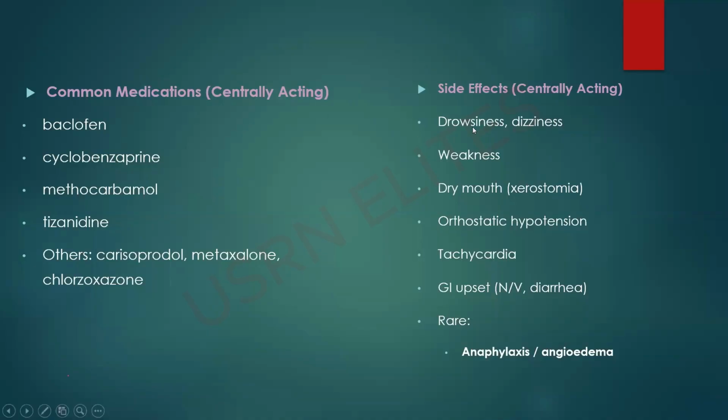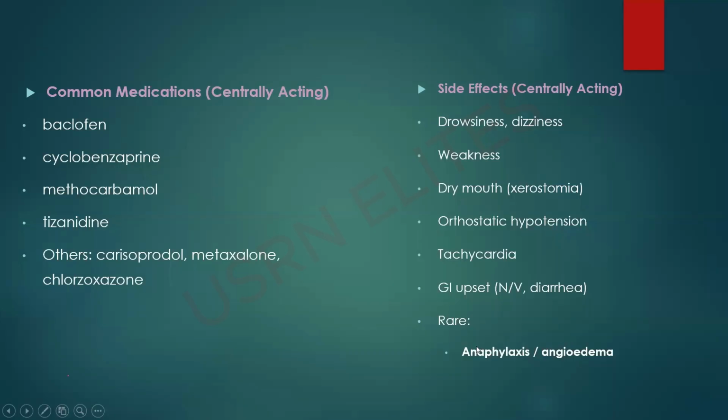Everything is slowing. So side effects generally: drowsiness, dizziness, weakness. If you see dry mouth, or xerostomia, it's the same thing. Orthostatic hypotension, tachycardia, GI upset, and this is very rare, but this could mean what?